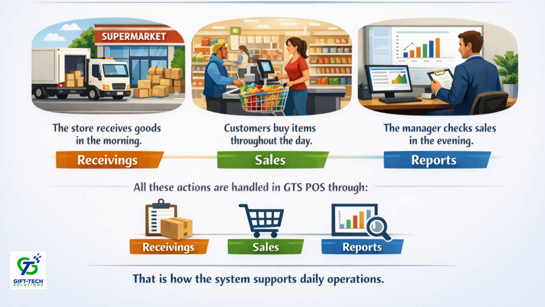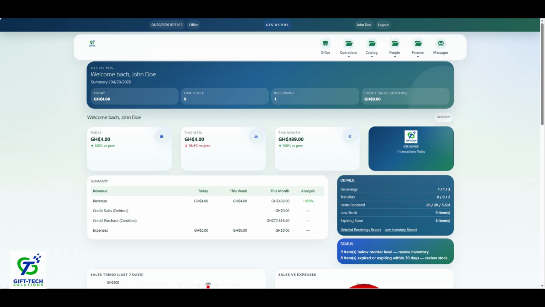Imagine a supermarket. The store receives goods in the morning, customers buy items throughout the day, and the manager checks sales in the evening. All these actions are handled in the GTS OS POS system through the receiving, the sales, and the report sections. This is how the system supports daily transactions for businesses.